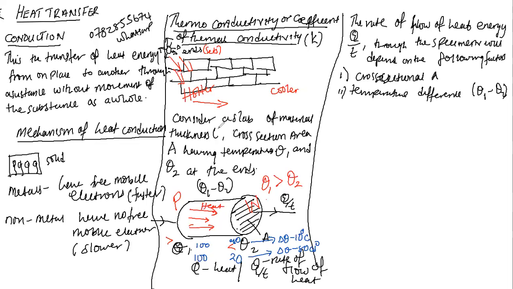Then the third case. The third dependency, nature of the material. Let me give a very good example. We all know very well what an egg looks like when you want to fry it.